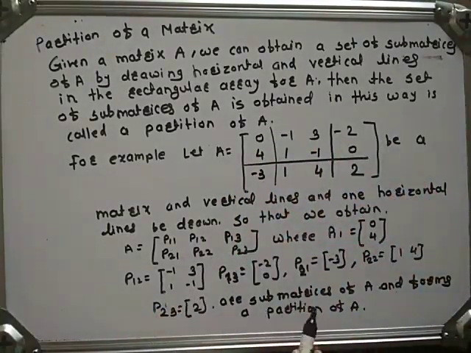These are called submatrices of A and this matrix forms a partition of A.